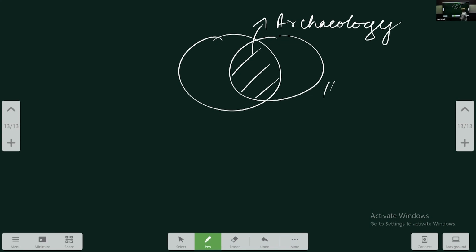If this is history, and if this is anthropology, then the commonality that they both share is called archaeology. Clear?